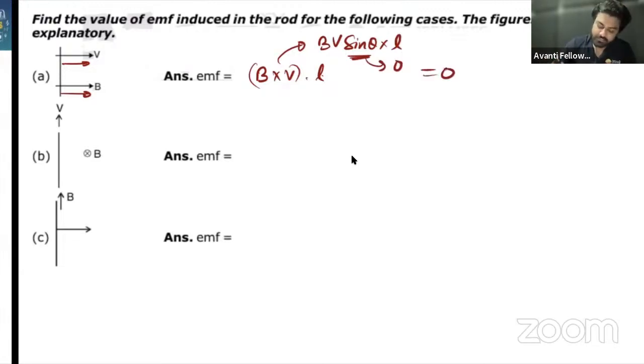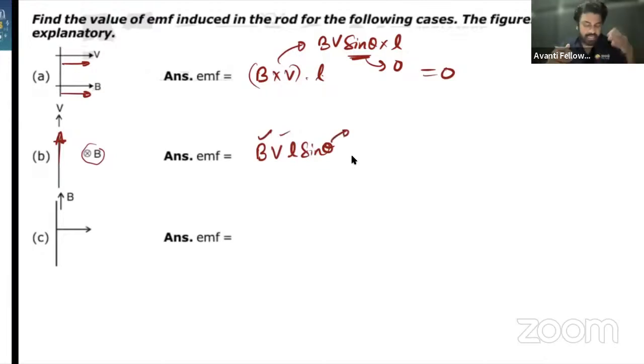Simple. Next one. So velocity is upside, right? And the magnetic field is inside. So here also the magnetic field lines are not cutting. This rod is moving parallelly. Or we can say, what is the formula of EMF? BVL sine theta. B is there, V is there, sine theta.